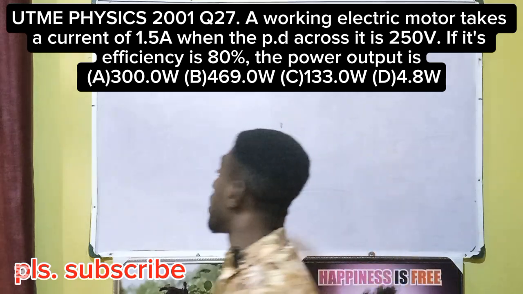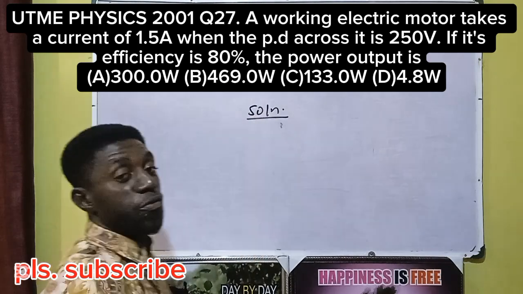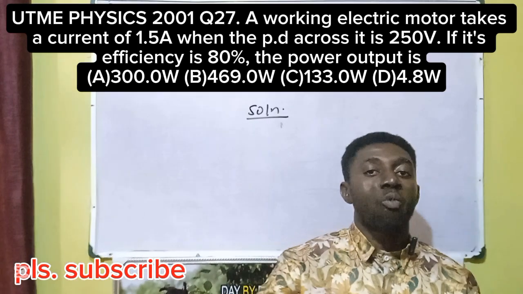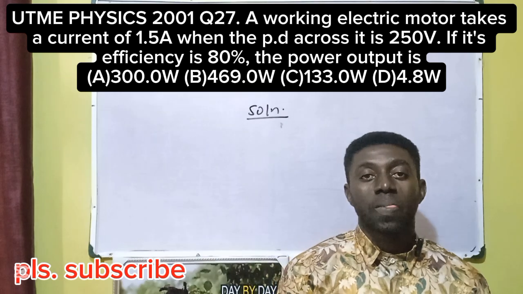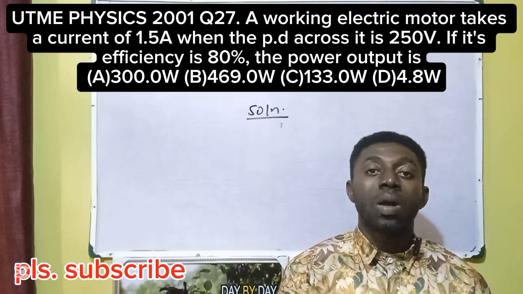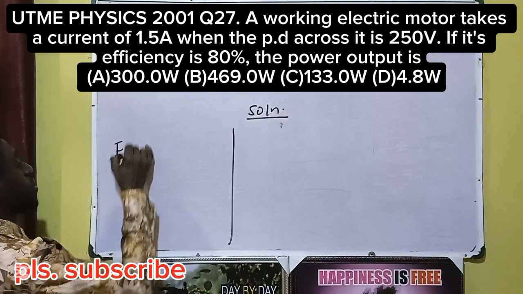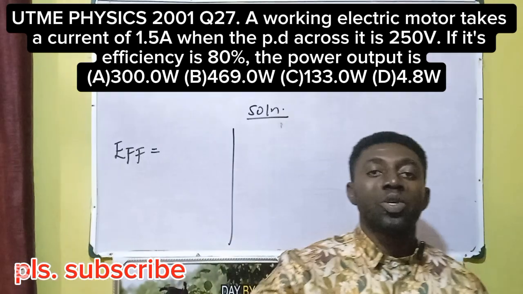Okay, let's observe. Efficiency can be in the aspect of work input and work output, or in the aspect of power input and power output. Under work, efficiency is given as the work output, which must be your numerator.